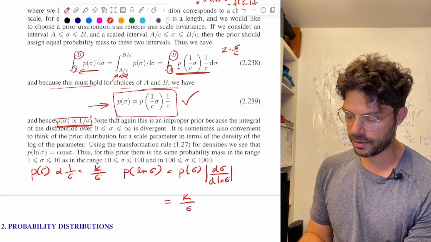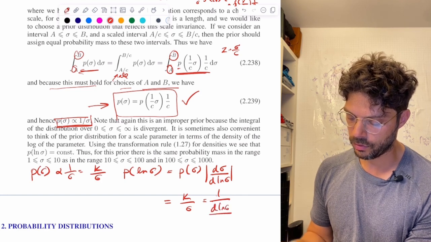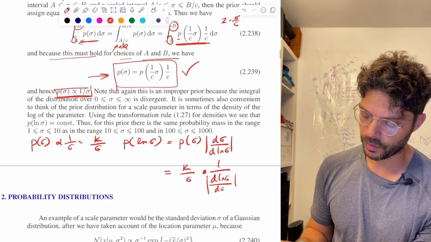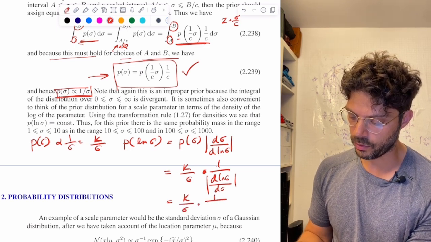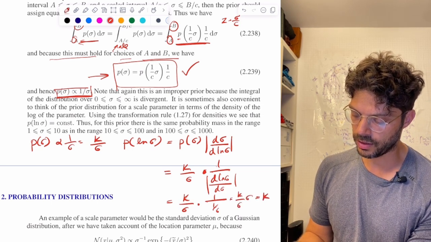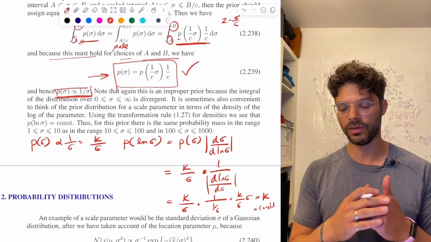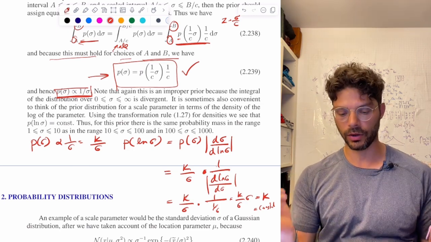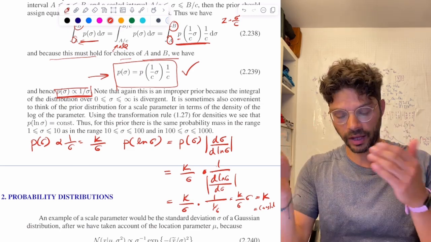Now, this is 1 over d ln sigma over d sigma, which is going to equal K over sigma times 1 over sigma, wait, K over sigma times sigma, which is K, which is constant. So in logarithmic parameters, we're assigning a uniform prior if we use the logarithm of the parameter, which is a signature of the scale invariance.